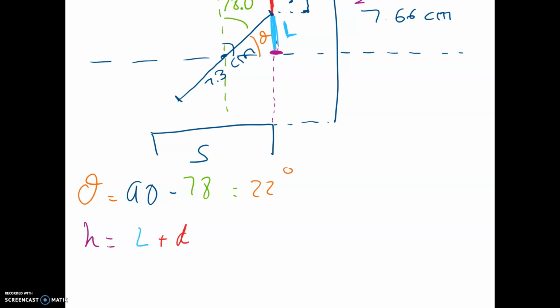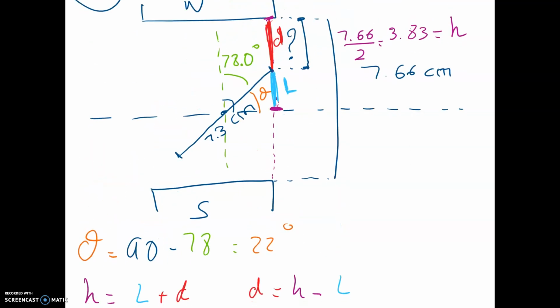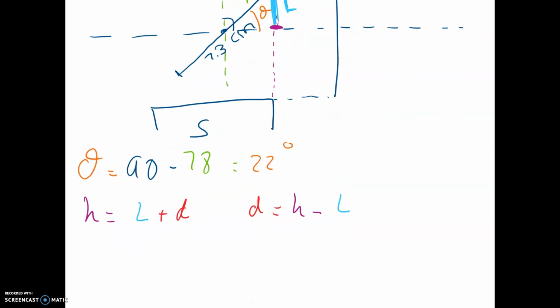So if I want to find d, clearly it's going to be h minus L. Since h is 3.83, I can write that d equals 3.83 minus L. The question is find d, so I need to find L, and I'm going to write L in blue.